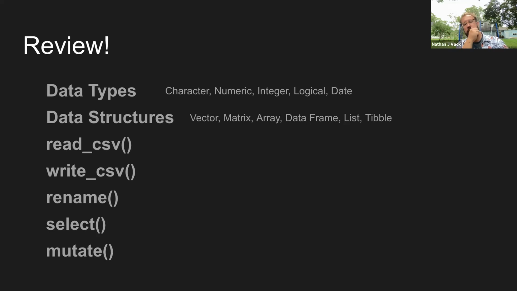And then an array is just a 3D matrix. So it is a cube basically in terms of data structure. And then a list can have any type be an individual item in the list. So it's different from a vector in that you can have a list of vectors, but that list could also have strings and numbers in the same list.